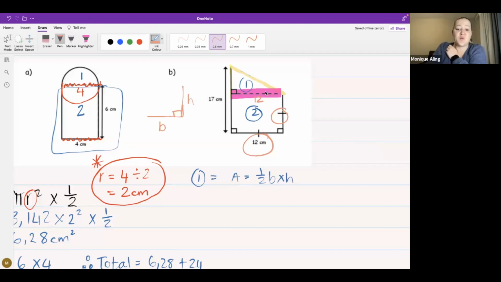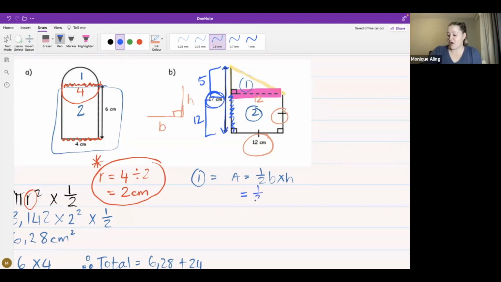We know that it's a square, so the height must be 12. Then I know from this point to this point, it is 17 centimeters, but I just need this little bit. I know because this is a square that this section is 12. So that means this top part must be 5 to give me the total of 17.